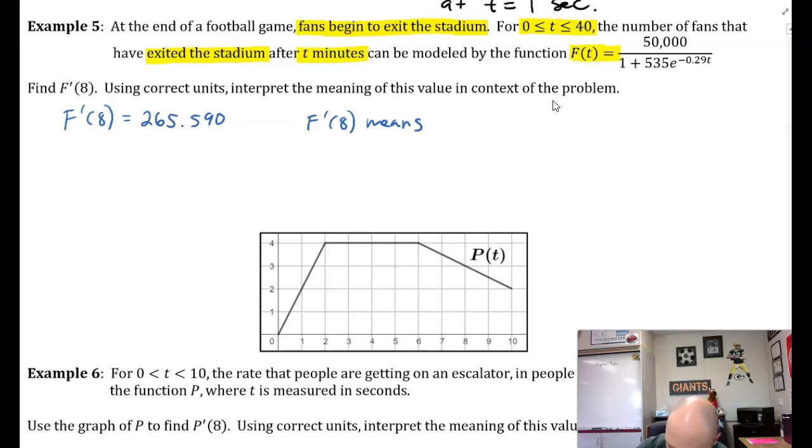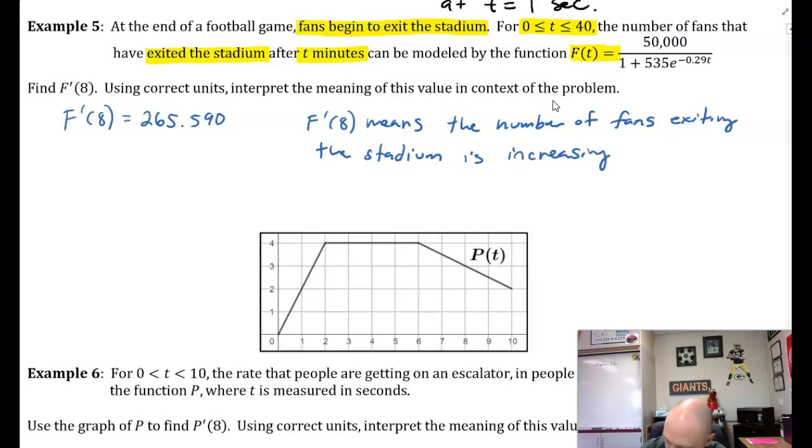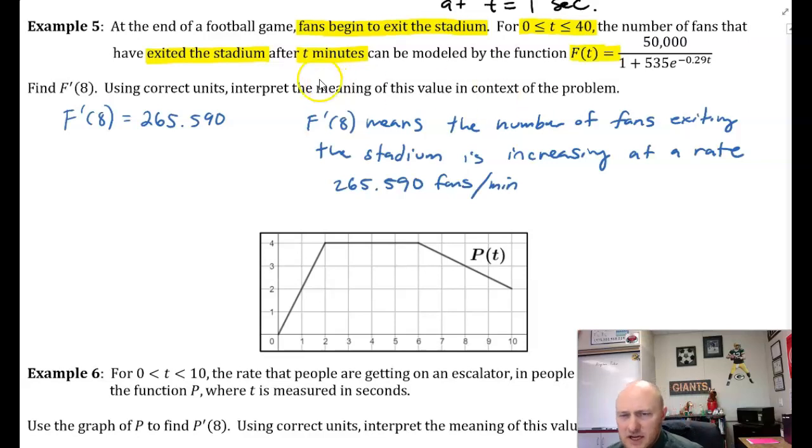It means the number of fans exiting the stadium is increasing at a rate of 265.590 fans per minute.